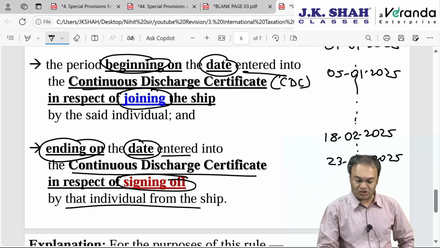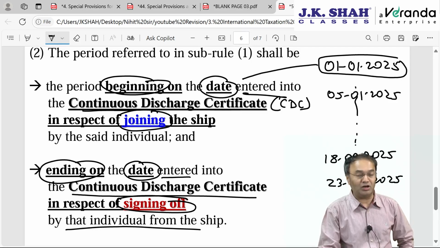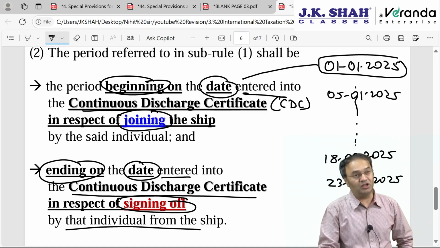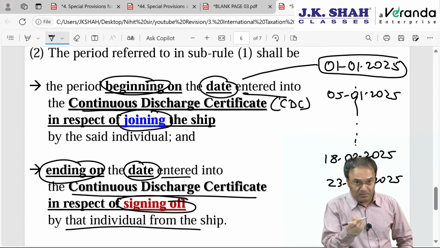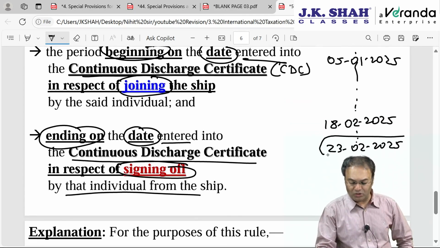In such a situation, crew members will be deemed to have left India on 1st January 2025, the date entered in the CDC. The moment they enter the ship, they sign on 1st January, they would be deemed to have left India. And then the crew members will be deemed to have come back to India on 23rd February 2025.